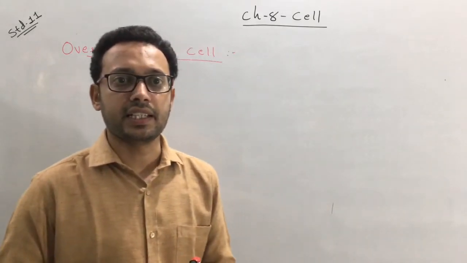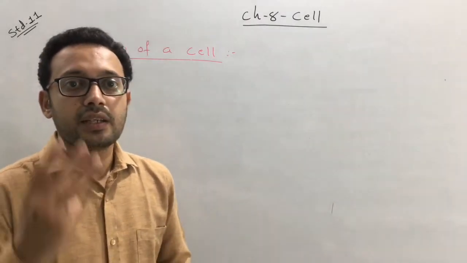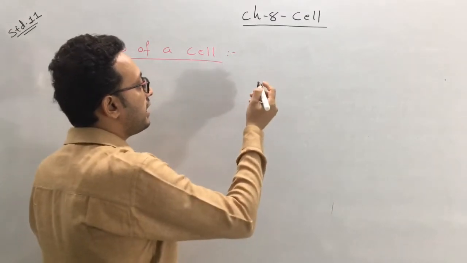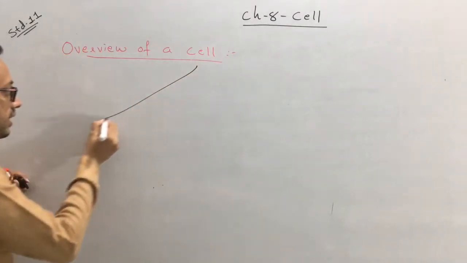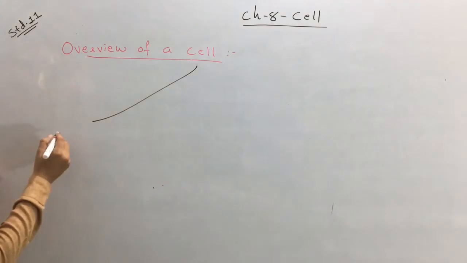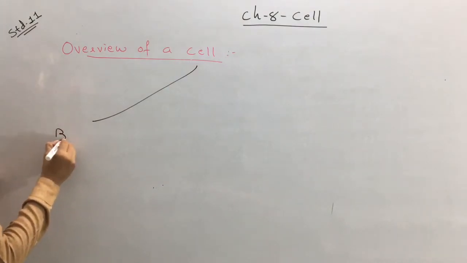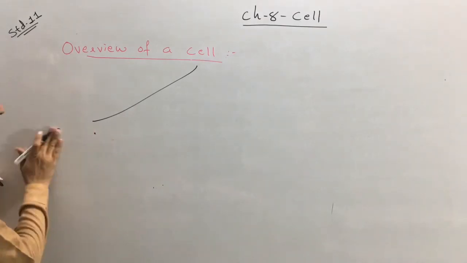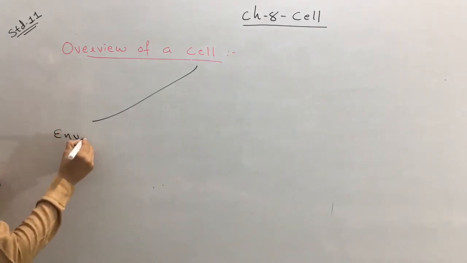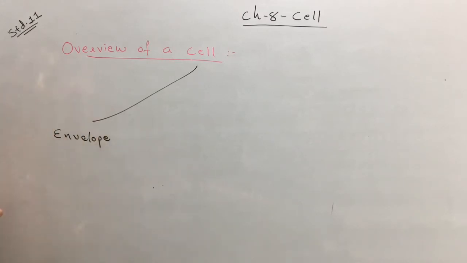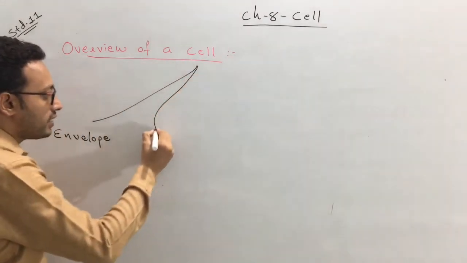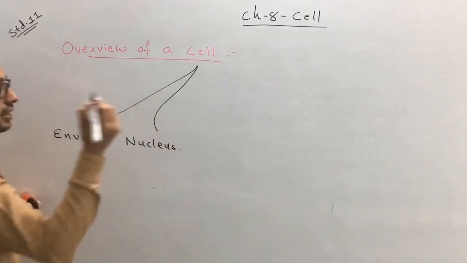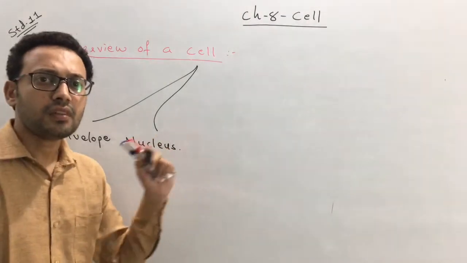For easy understanding, I divide the cell into three main parts. These are the three basic parts present in any cell. The first part is its boundary, or more specifically, in scientific language, the envelope. The second component found in a cell is the nucleus.